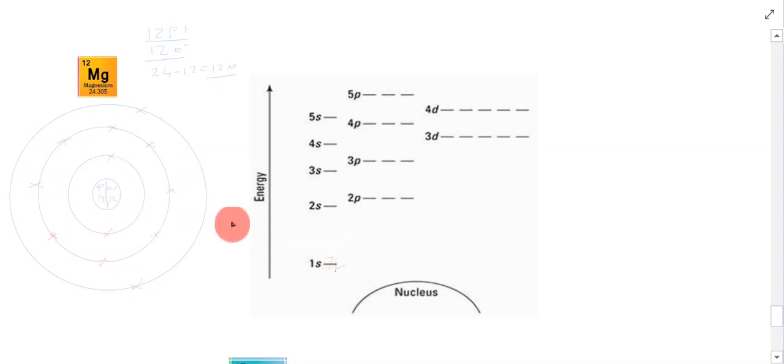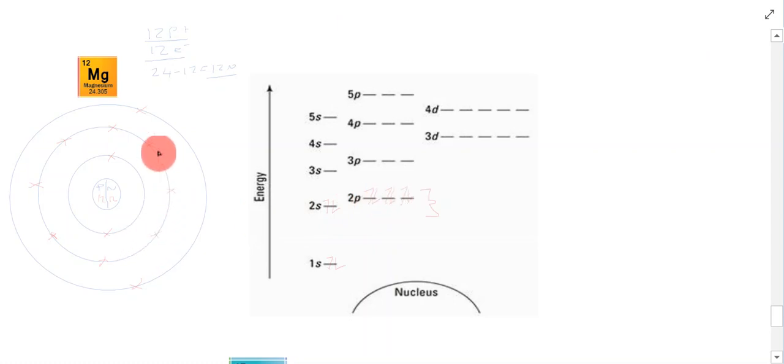If we move out here to the second energy level, which takes up these 2 sub energy levels, you're going to have 8 electrons. 2 of those electrons are in the 2s sub energy level, and the other 6 are in the 2p sub energy levels. So you have 2, 4, 6, 8.